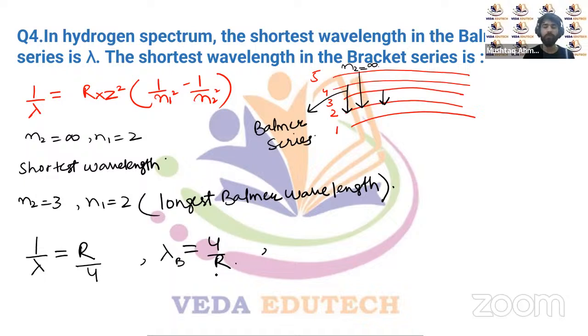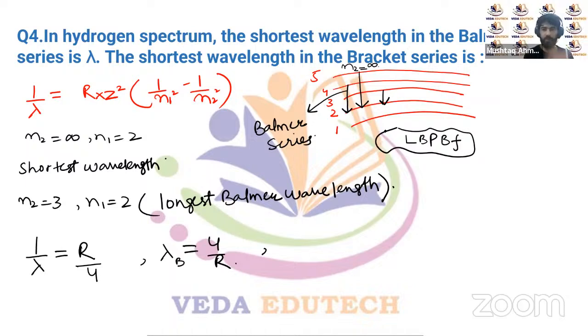And similarly, where do we find the shortest wavelength in the Brackett series? We know the usually studied spectral series for the hydrogen atom are Lyman, Balmer, Paschen, Brackett, and Pfund.